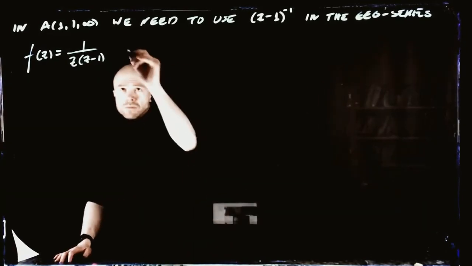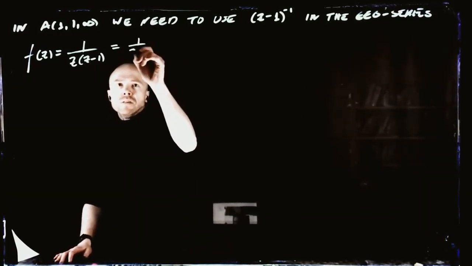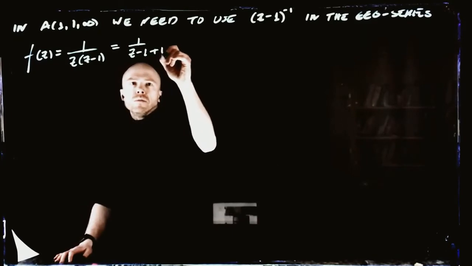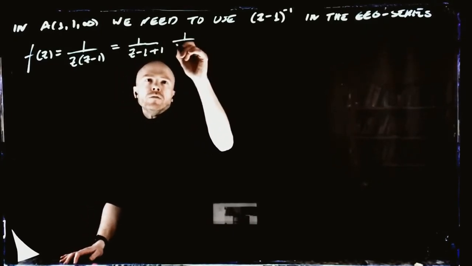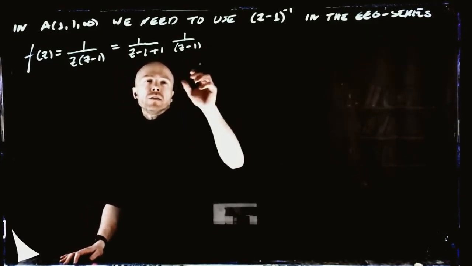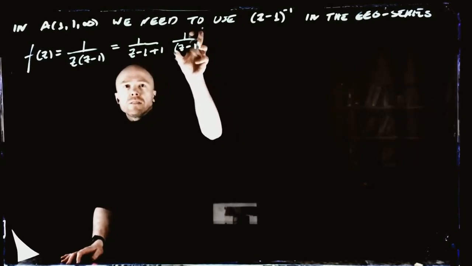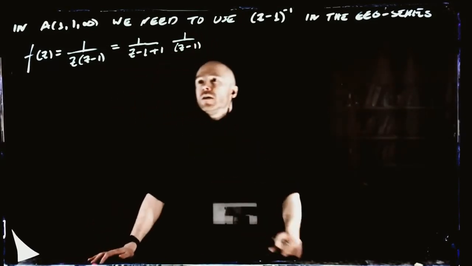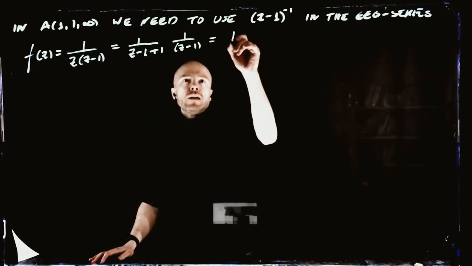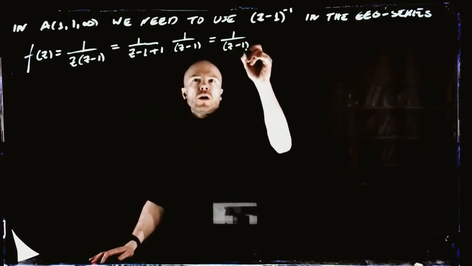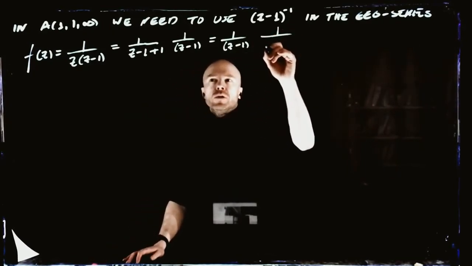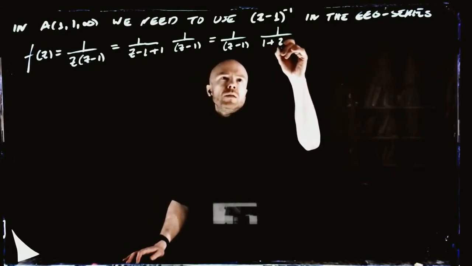And we're going to write this as 1 over z minus 1 plus 1, and then 1 over z minus 1, like this, right? So this guy we're going to leave alone. So this is the guy we are interested in. So let's write it like this. Z minus 1, and then 1 over, let's put it like this, 1 plus z minus 1.